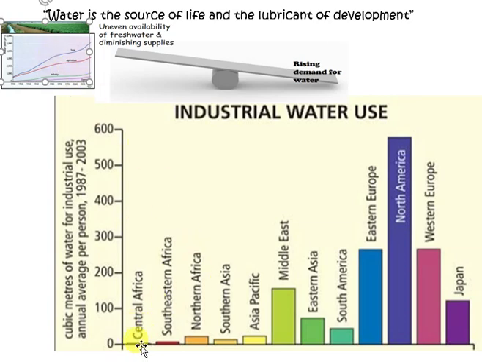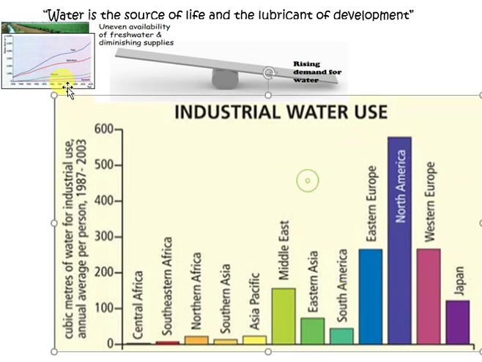Central Africa, hardly anything. Southeastern Africa, hardly anything. North Africa, hardly anything. Developing countries in Asia, not using much. So industrial water use is obviously linked to the stage of development.